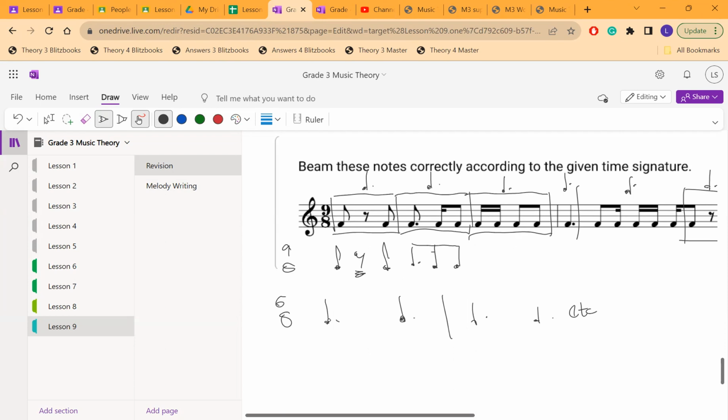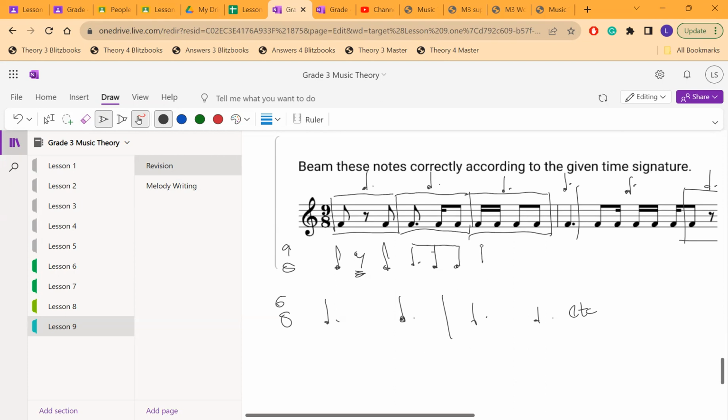So beam any quavers or their natural equivalents: semi-quavers, dotted quavers, and anything less than that can be beamed together if they're consecutive and if you beam them correctly in their respective note value groups.